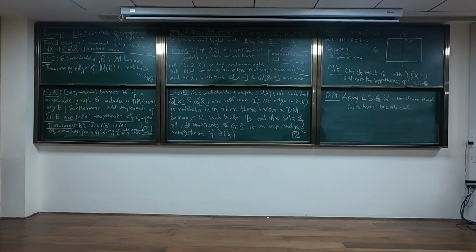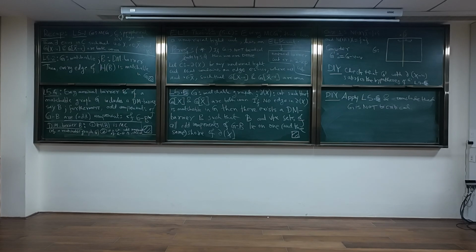Good. So I get one here. Every rigid partial x has to be incident with either B or U because these are components. Then I just add U and this is one more odd component.